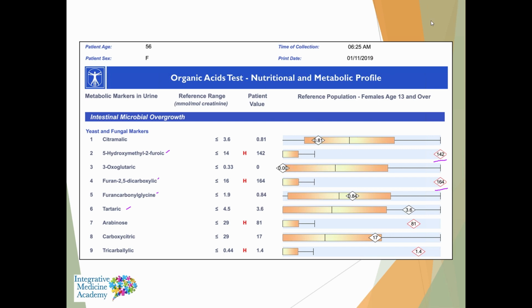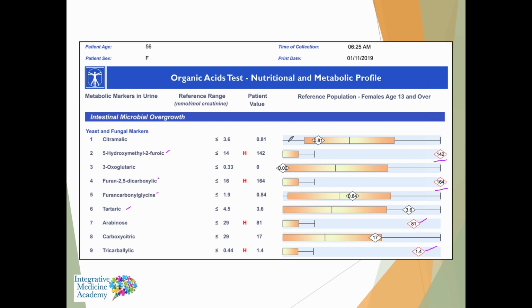They also have high levels of arabinose linked to invasive candida, and tricarballylic, which is linked to Fusarium mold. In many cases, Fusarium mold is really a food contamination. We really can't say that about the Aspergillus because it could be food, but it's more commonly environmental.